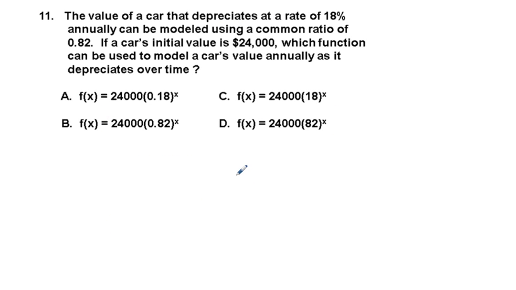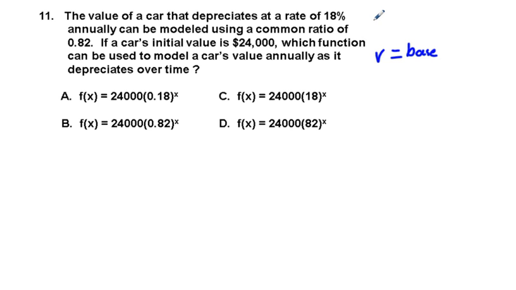Now 11, the value of a car that depreciates at a rate of 18% annually can be modeled using a common ratio of 0.82. If a car's initial value is $24,000, which function can be used to model a car's value annually? Well, the common ratio, r, is going to be the base of an exponential function.